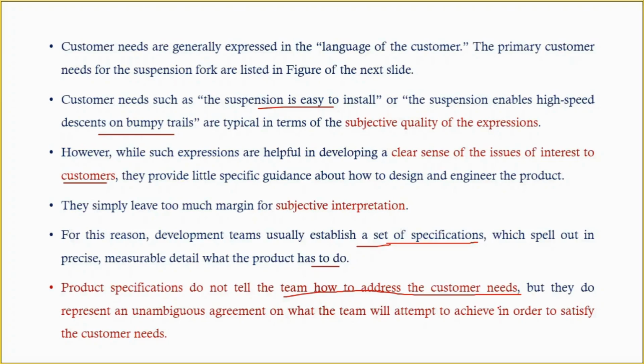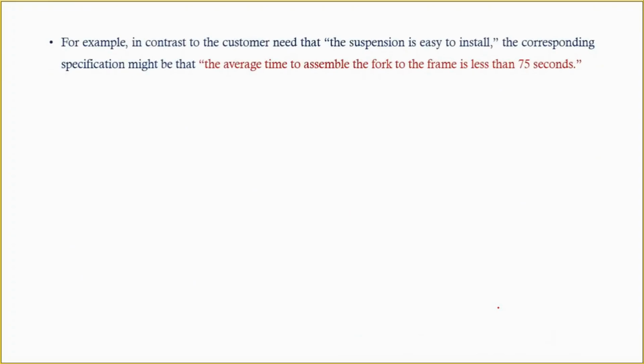For example, in contrast to the customer need that the suspension is very easy to install, the corresponding specification might be that the average time to assemble the fork to the frame is less than 75 seconds. It is also a need of the customer that they want a good suspension which is easy to install.